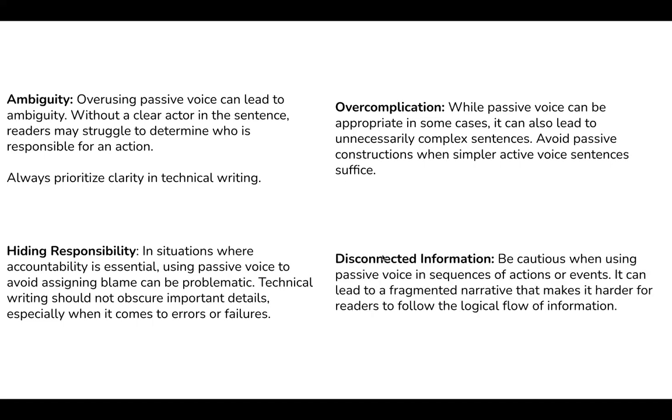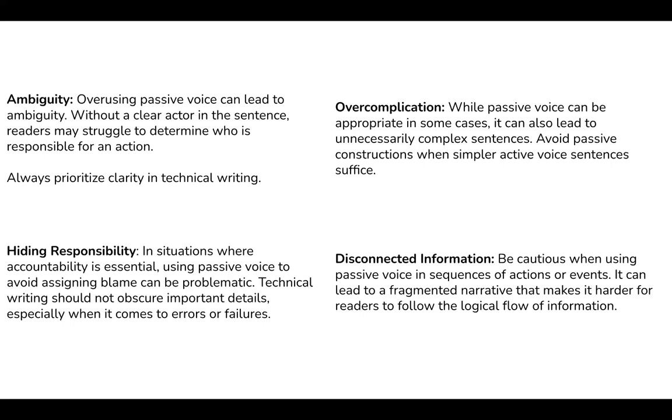Then disconnected information. Be cautious when using passive voice in sequences of actions or events, because it can lead to a fragmented narrative that makes it harder for readers to follow the logical flow of information. So when you are narrating how to build a certain thing in your writing, you should always mention who should do a particular action, right?